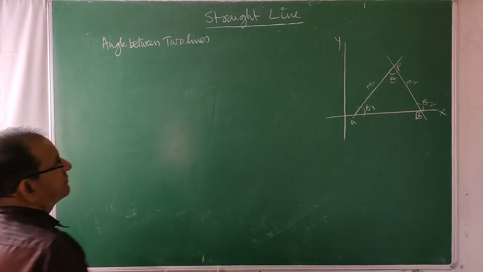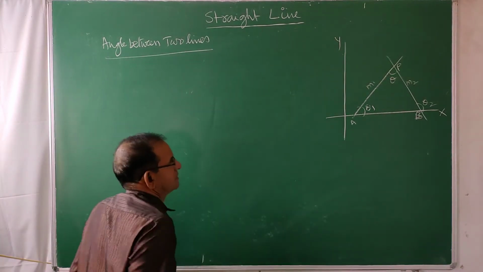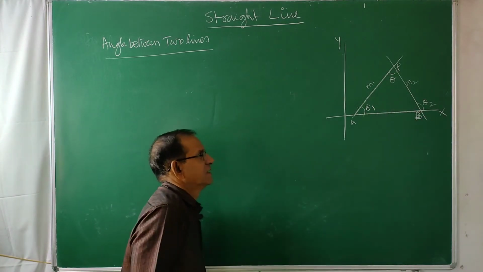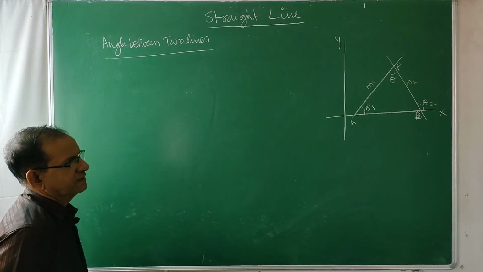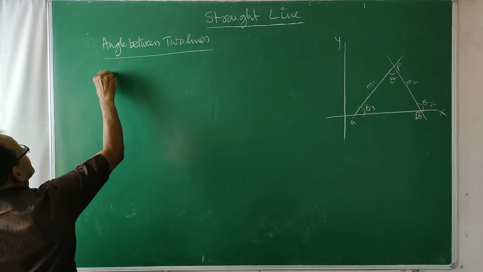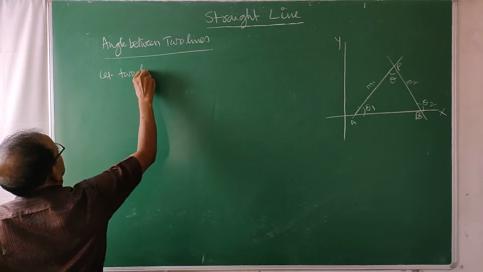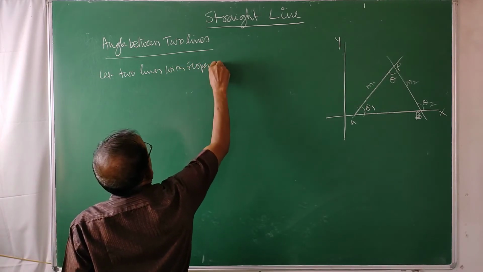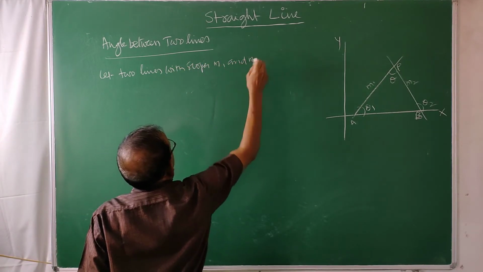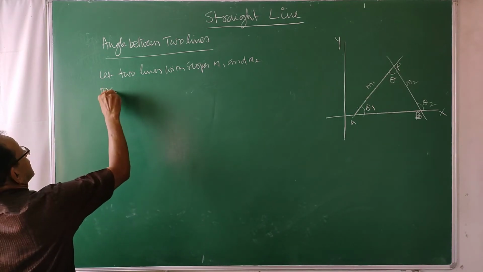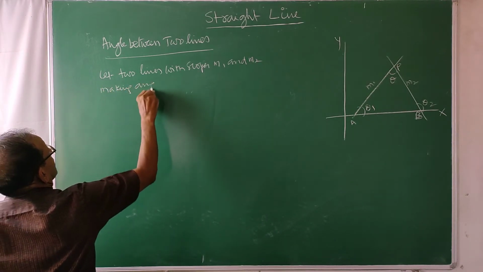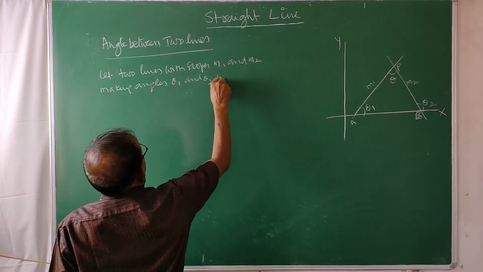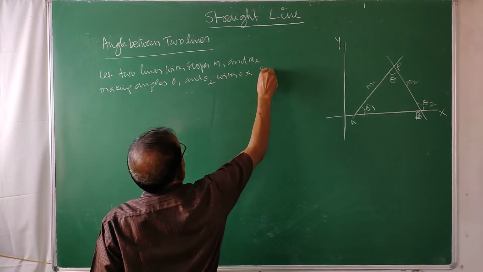Now let us derive the formula for angle between two lines. Suppose there are two lines with slopes m1 and m2 which are making theta 1 and theta 2 as angles with OX respectively.